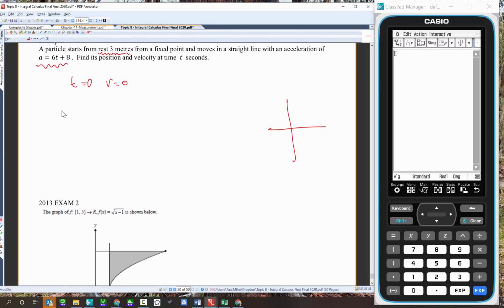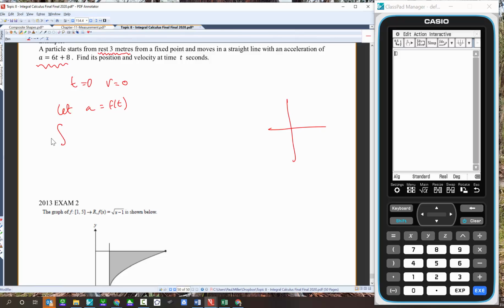So to get that, what I'm going to do is, let's just say that we'll let a equal, let's call it a function, f of t. Okay, so a is equal to f of t.